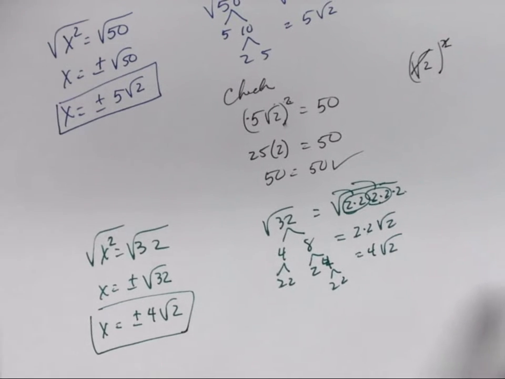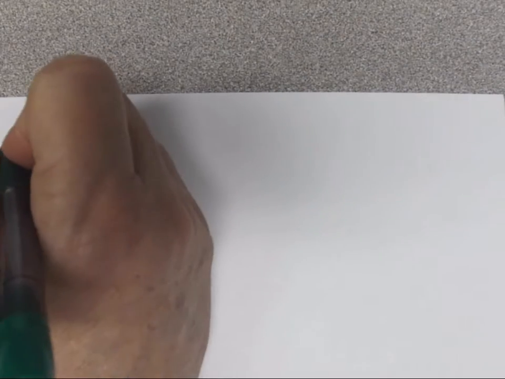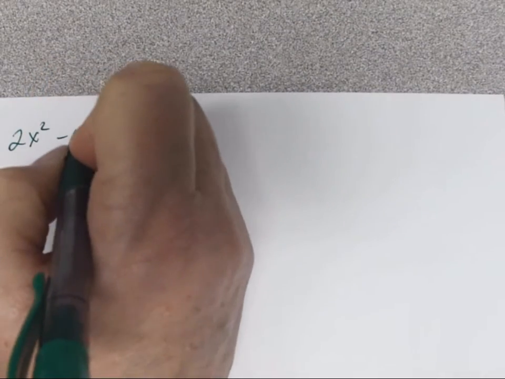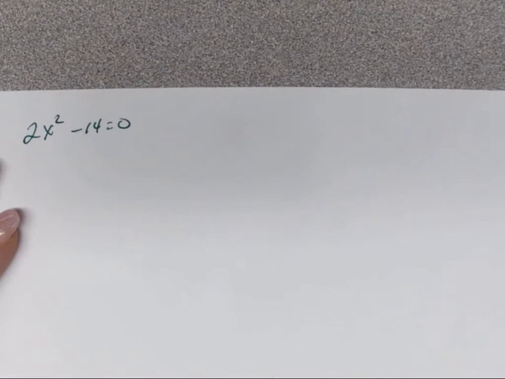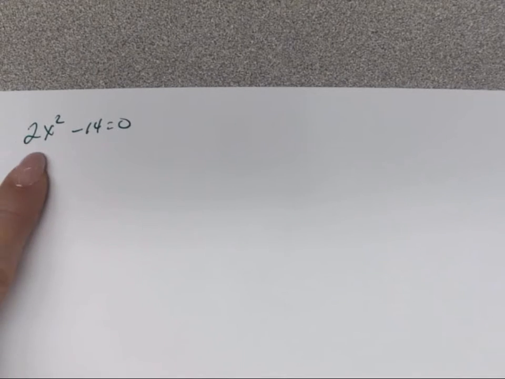All right, so let's look at some equations that are a little bit different looking. If we have 2x squared minus 14 is equal to 0, here we don't have anything on the other side, and we don't have a perfect square sitting there.